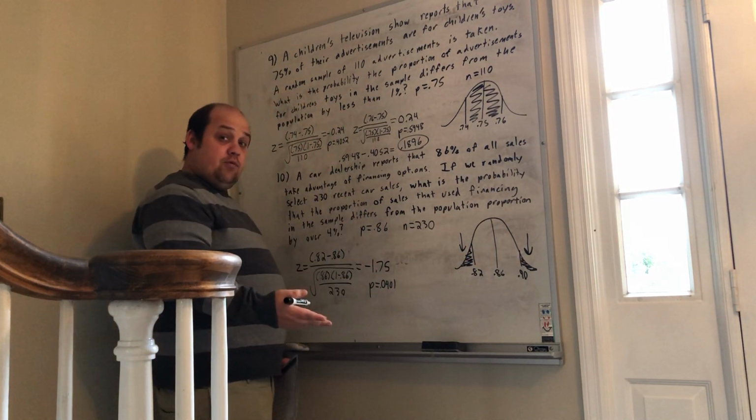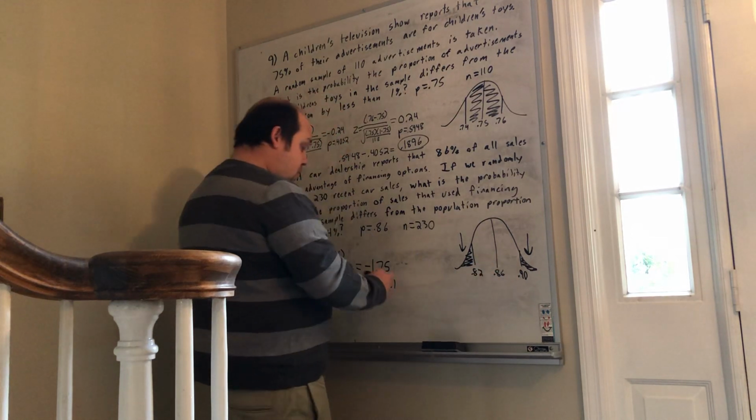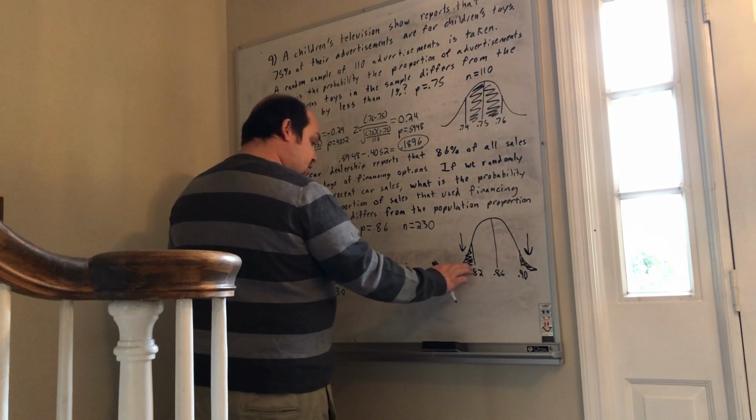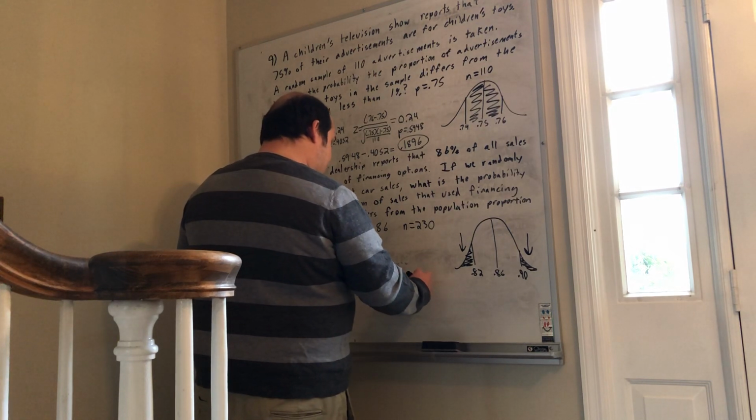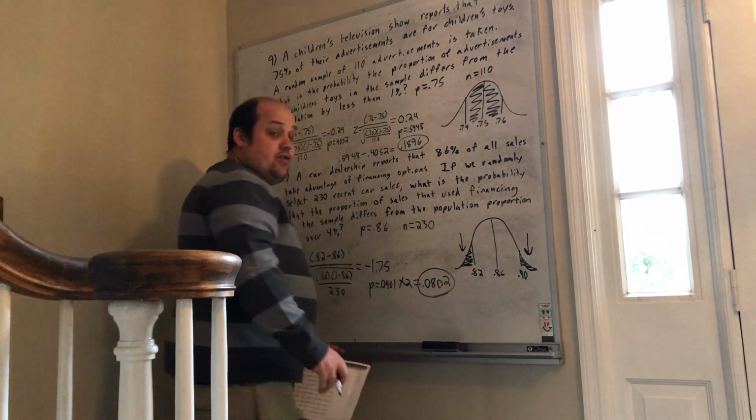So instead of going through all that and doing the z-score for 0.90, I'm just going to double the score I got on this side. If I do 2 times 0.0401, I get 0.0802, which is the correct final answer for this last problem.